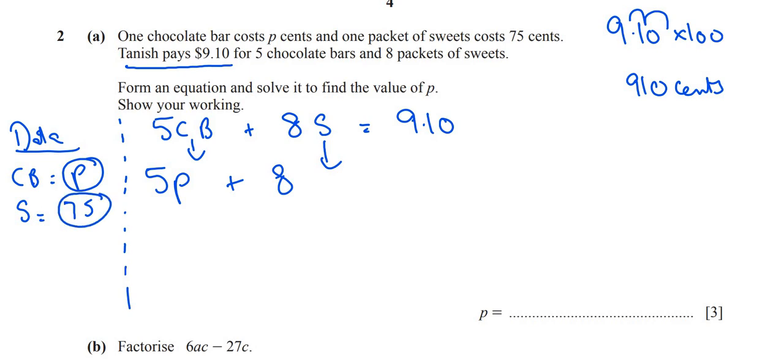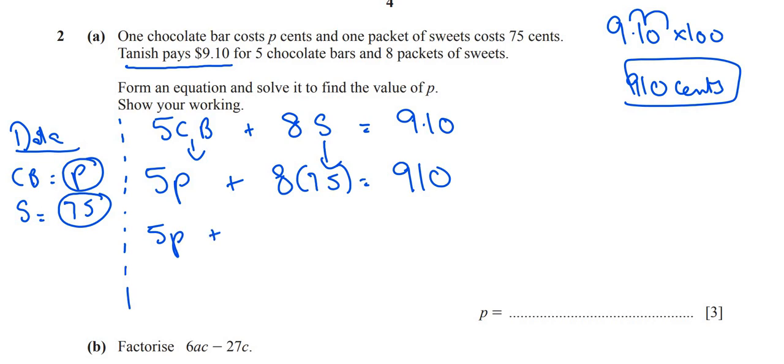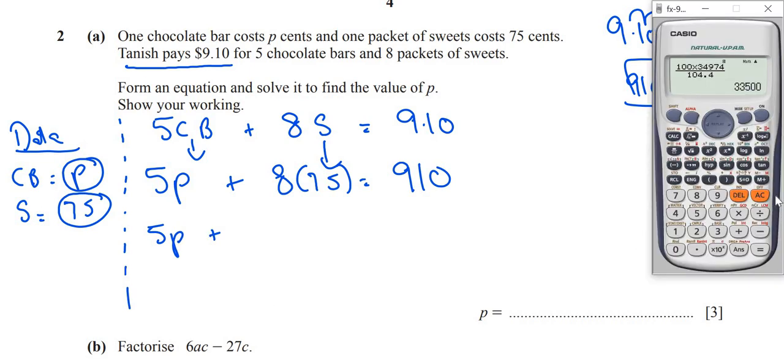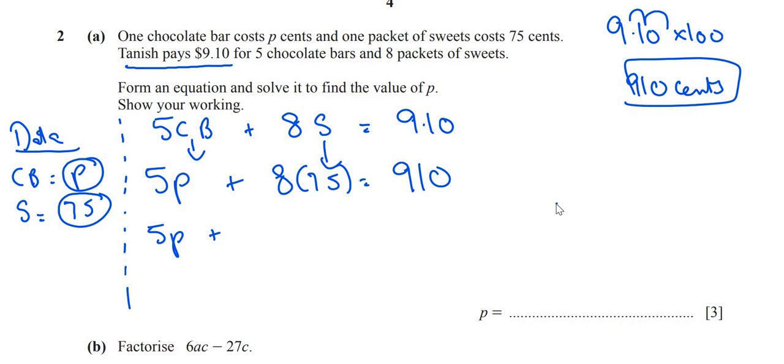The value of S is 75. 8 multiplied by 75 is equals to 910. So 5P plus 8 multiplied by 75. 8 multiplied by 75 is 600. So 5P plus 600 is equals to 910.